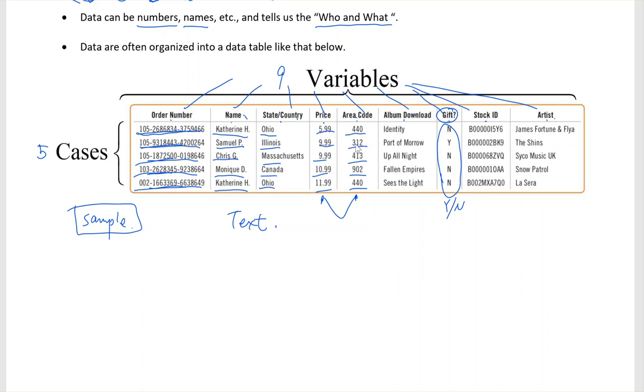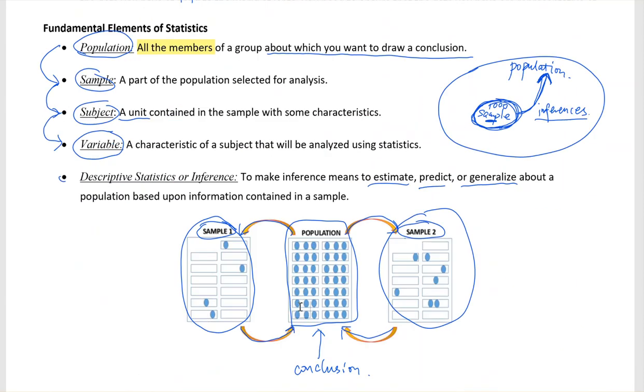Actually, no, it's just a code for a location, right? It doesn't mean that this location is better than this location, right? Okay, so these variables belong to different types of variables. We will give a name for each kind of variable.